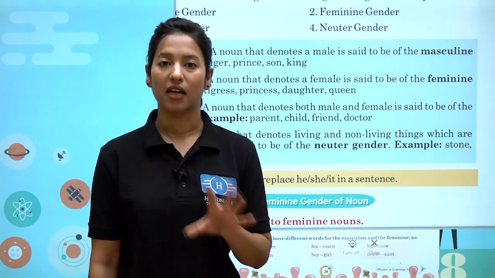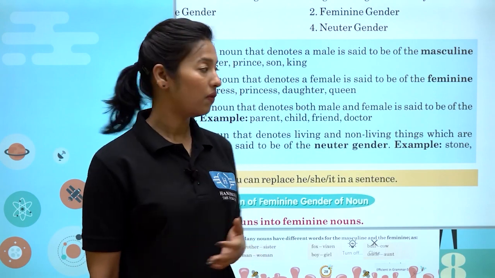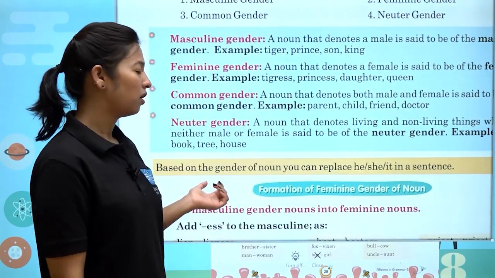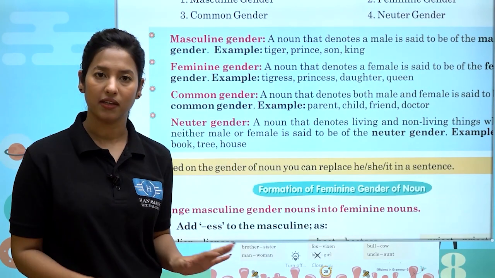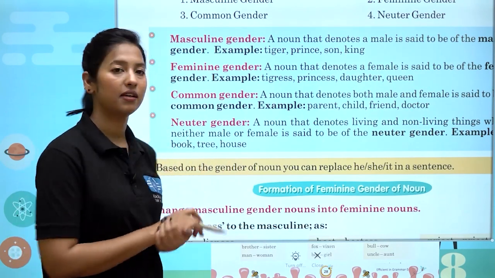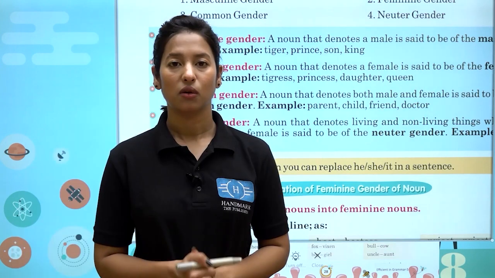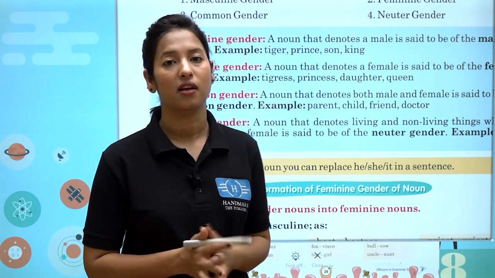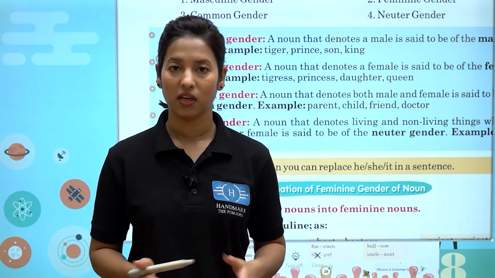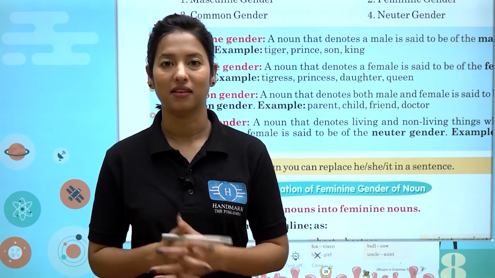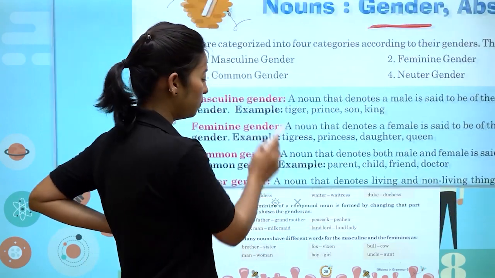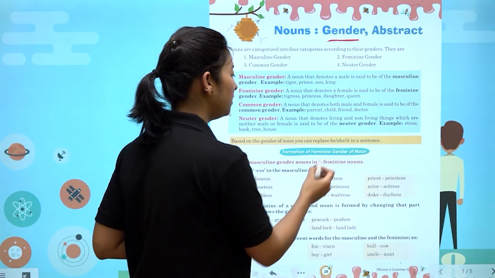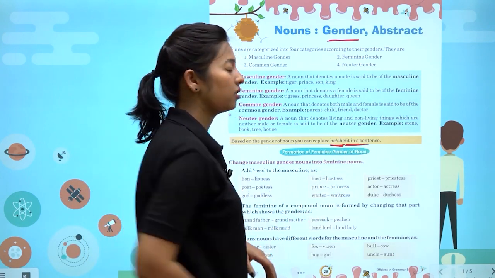All these are examples of neuter gender, where stone, book and house are non-living things, but the tree is a living thing. So children, being a living thing, trees fall under neuter gender because we do not categorize trees under male or female characters. Now children, based on the genders, we can replace the nouns with he, she, it in a sentence.